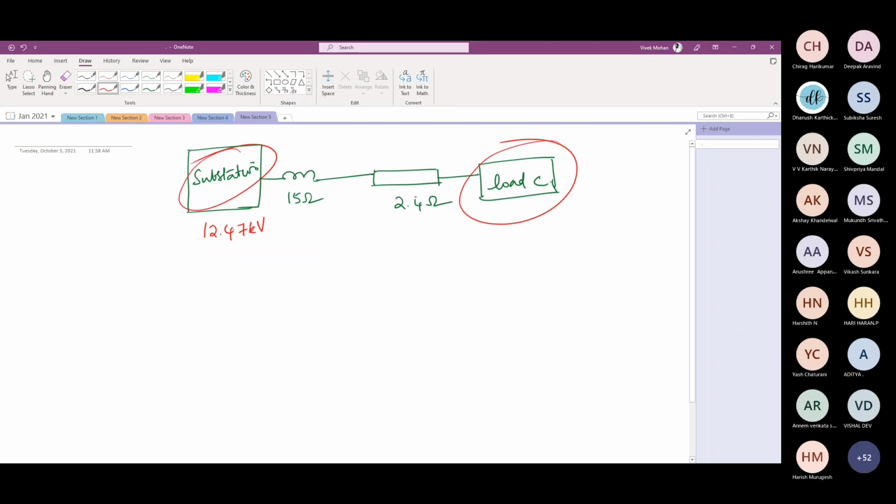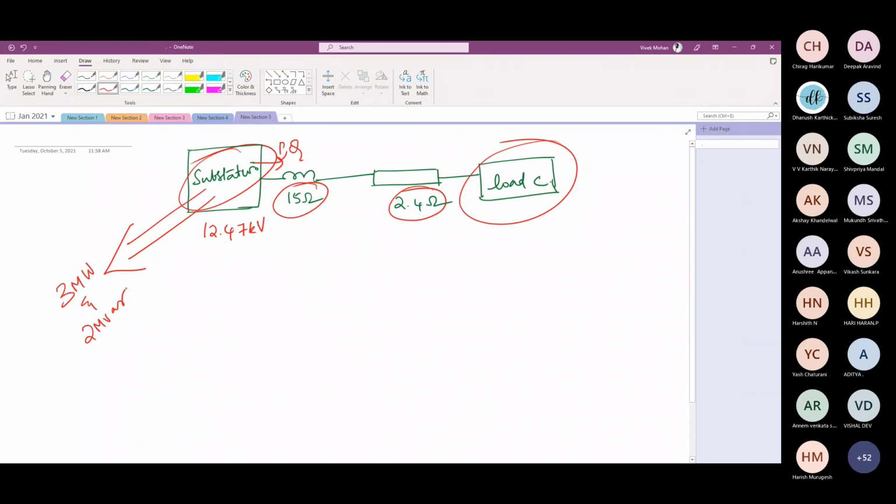The line has a resistance of 2.4 ohms and a reactance of 15 ohms. Instruments at the substation indicate the active and reactive power inputs to the line, P and Q. They are 3 megawatts and 2 MVAR respectively.